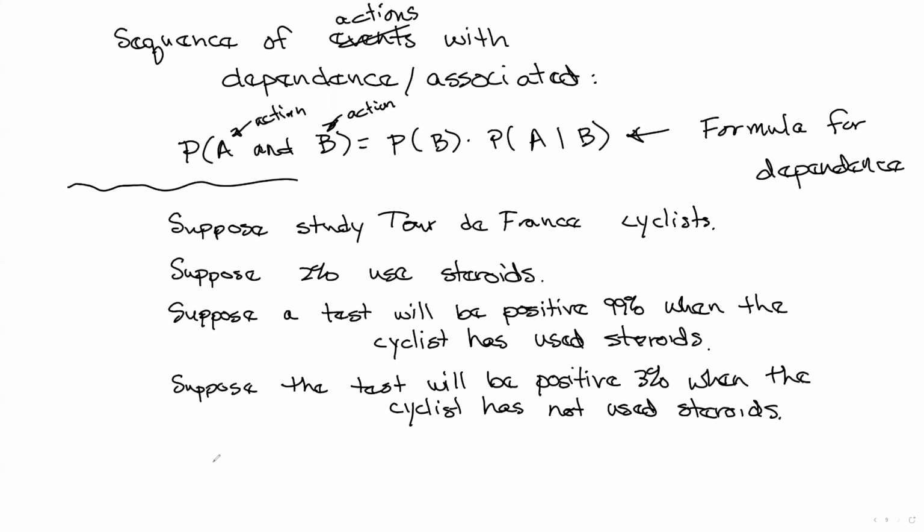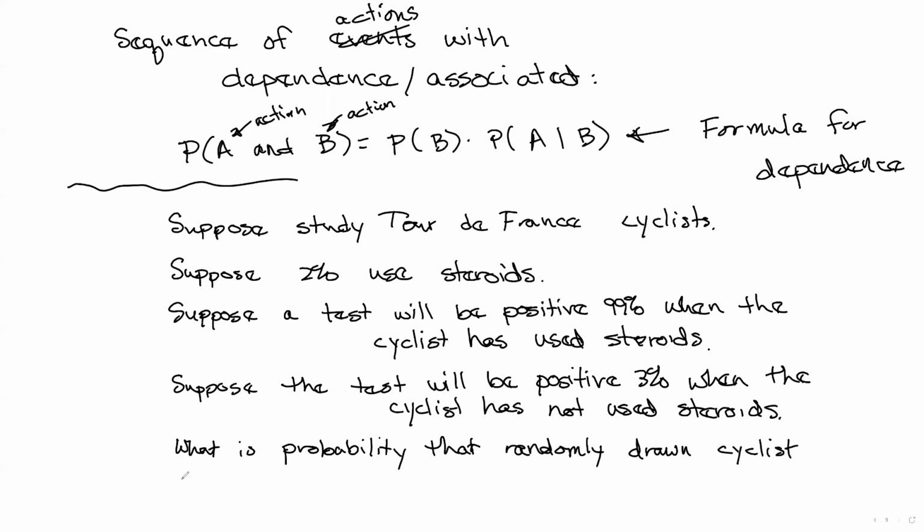The question is: what is the probability that a cyclist is steroid free and tests positive? So the probability that a randomly drawn cyclist, that's important, will be steroid-free and then test positive.